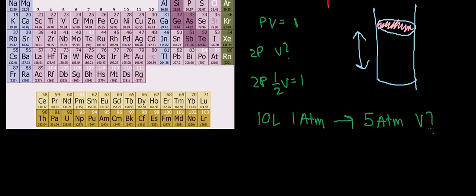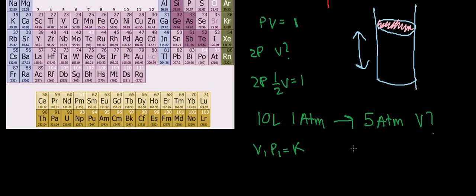Now I go about solving this by saying I have volume 1 times pressure 1, and this is equal to a constant. But it's all in the same system. The system conditions are going to remain constant. I didn't change the temperature, I did not change the number of particles.